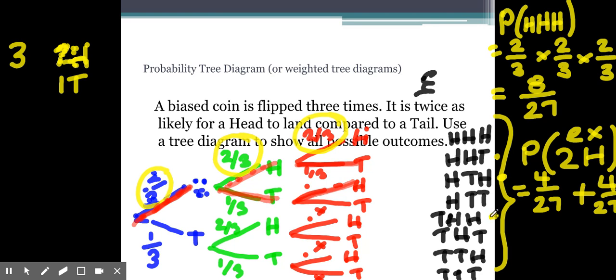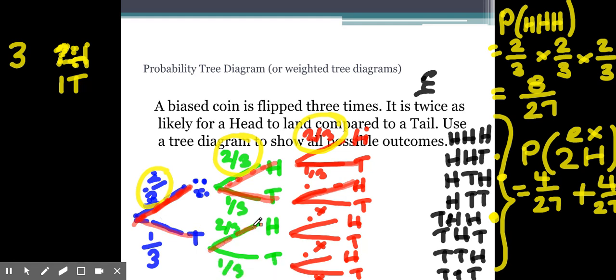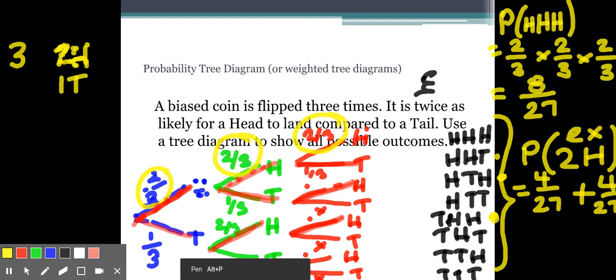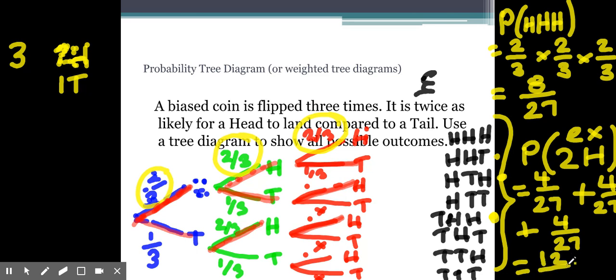And to find the very last one, tail, head, head, I have to follow the tree diagram. So 1/3, 2/3, 2/3, which, as you might have guessed, is also 4/27. So altogether, 4 plus 4 plus 4 is 12 out of 27.